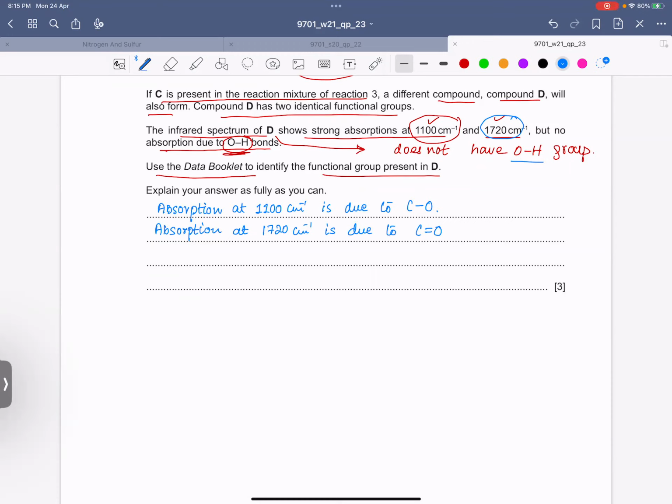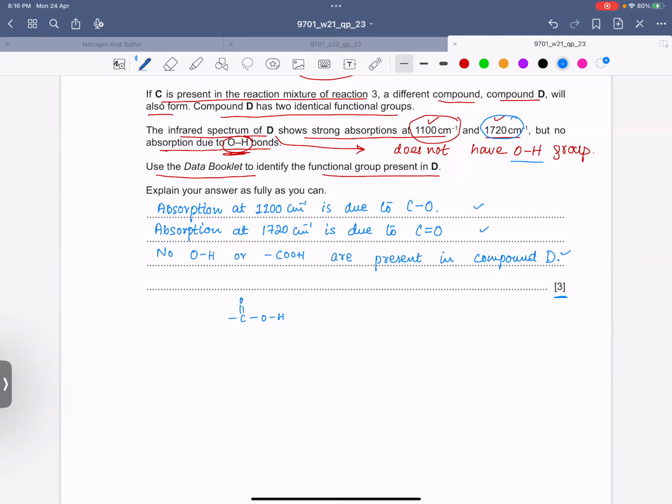So we can write, if there is no absorption of OH group, so no OH or COOH, because COOH also has an OH group in it, are present in compound D. As it's of 3 marks, we covered all 3 points.